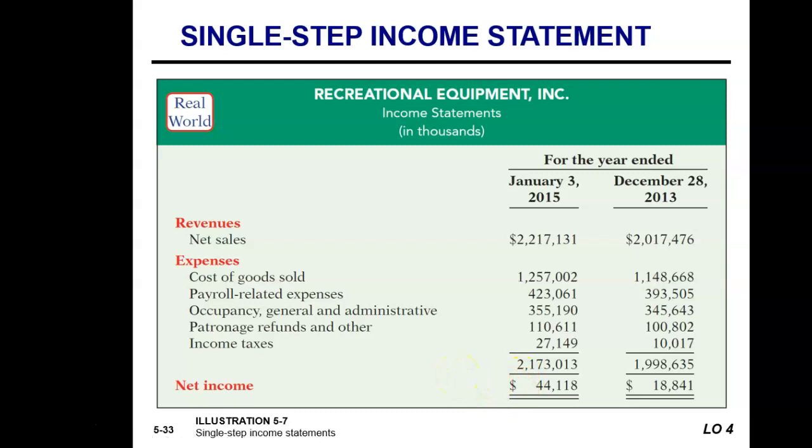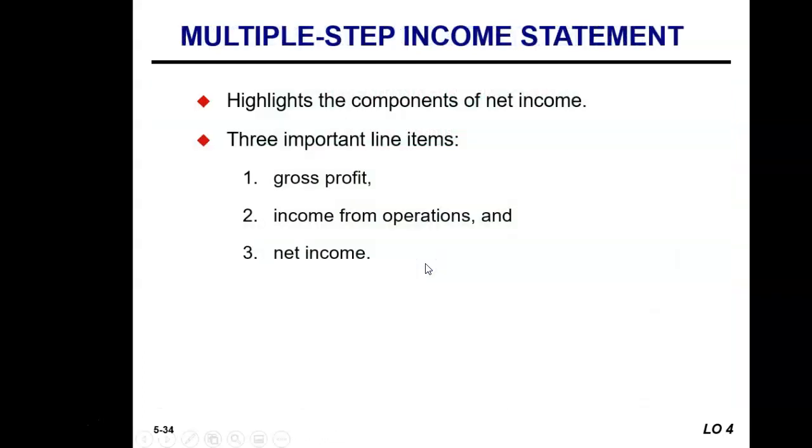Now again, this is a nice, cute little income statement. But we may need more detailed information about this company before we decide to invest in them. So we'll take a look at what's known as the multiple step income statement.